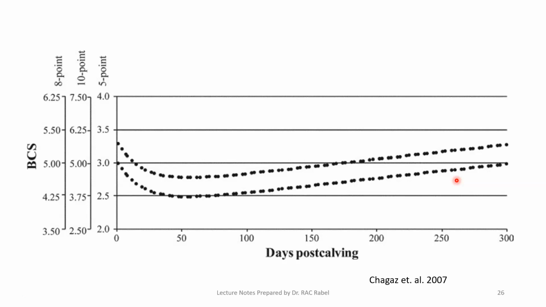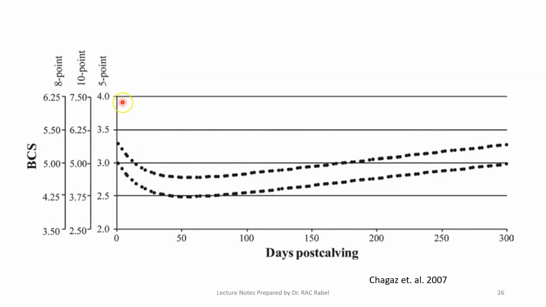Now, body condition score has three different systems used the world over. Sri Lanka uses a 5-point scale, so the poorest body condition score is close to 1 and the highest is close to 5.